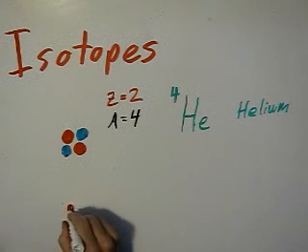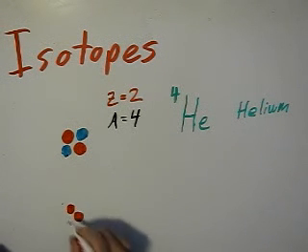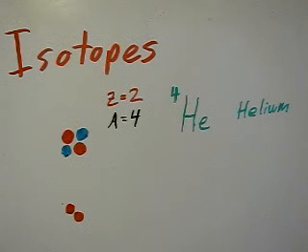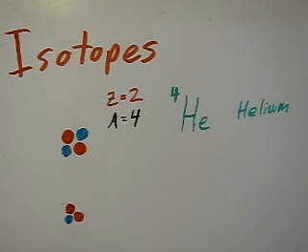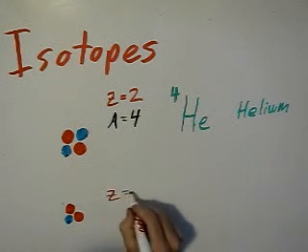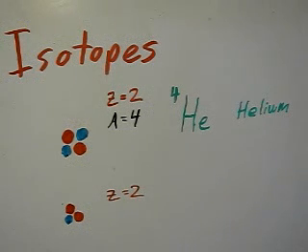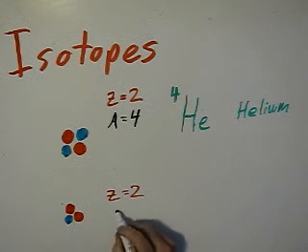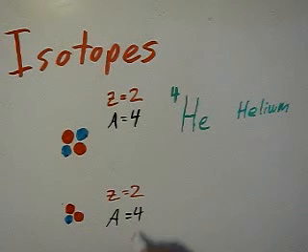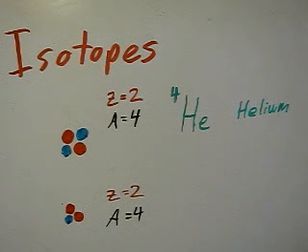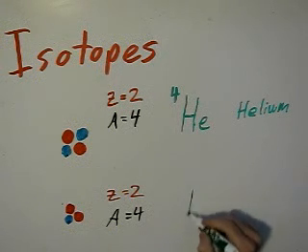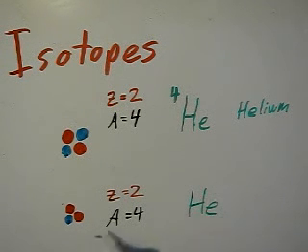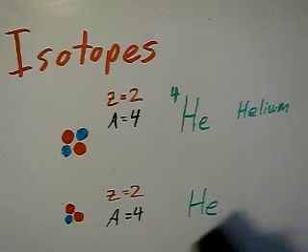Another type of helium that can be found in nature has 2 protons and 1 neutron in the nucleus. 2 protons and 1 neutron here gives me Z equals 2, A equals 4, and it's still helium because the atomic number is the same, still 2, but, I'm sorry, I made a mistake.